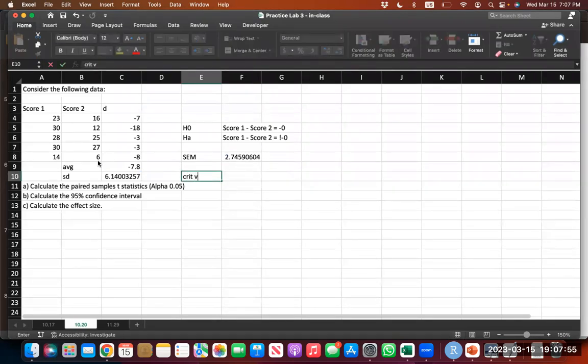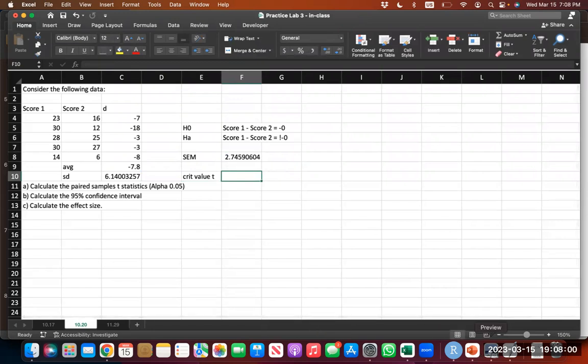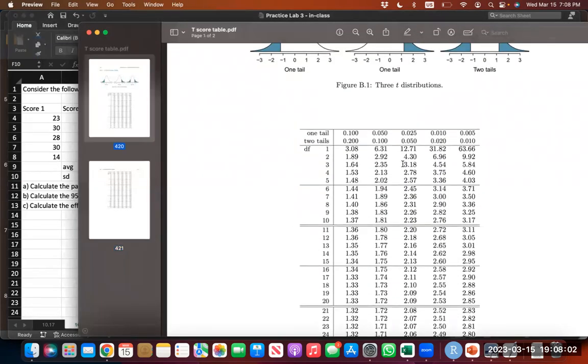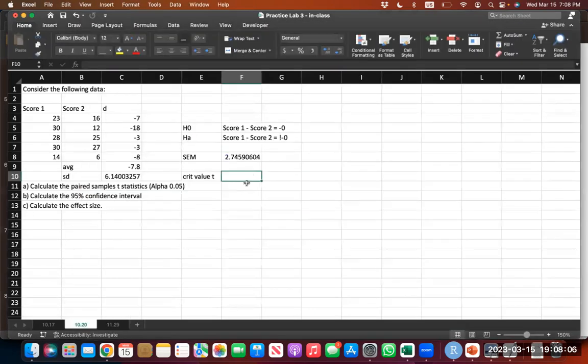And with a critical value t for a degree of freedom of 4 of 2.78, we can now easily calculate our t, which is minus 7.8 divided by the standard error of the mean. It's 2.84, which we see is greater than the critical t. Therefore, we will reject the null hypothesis.